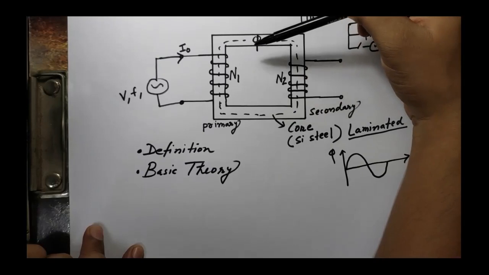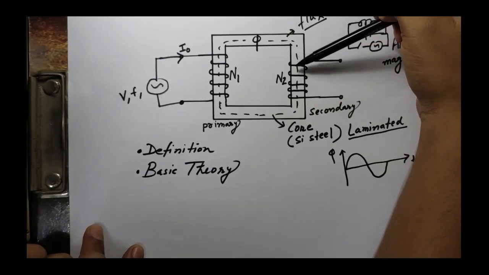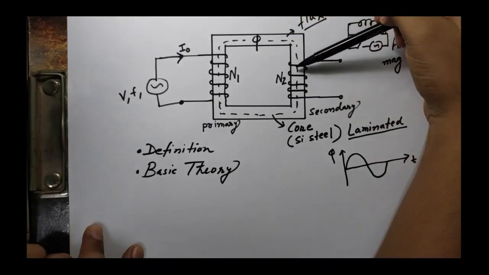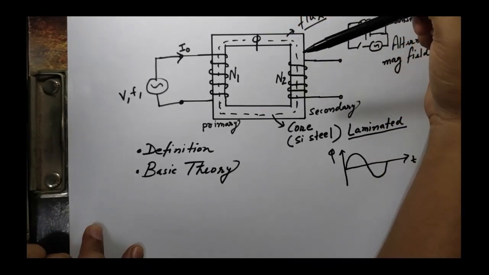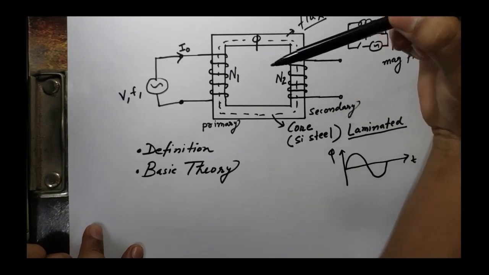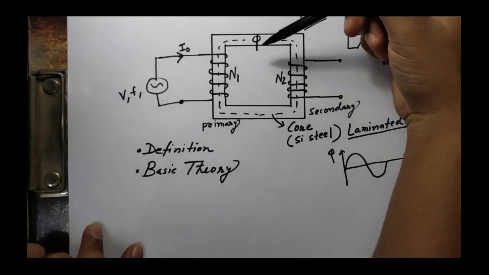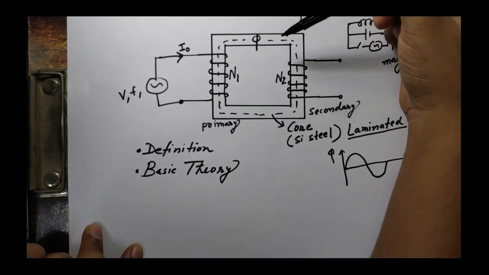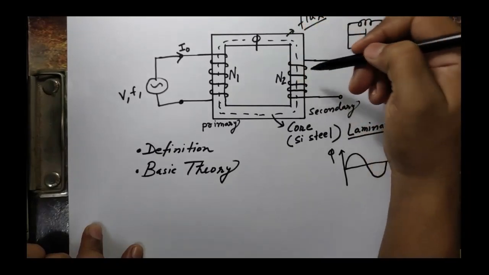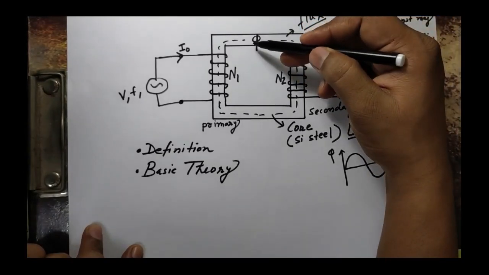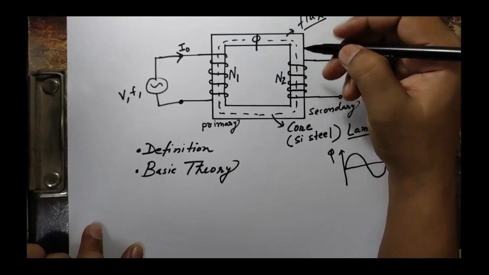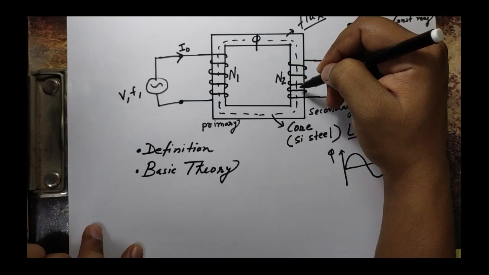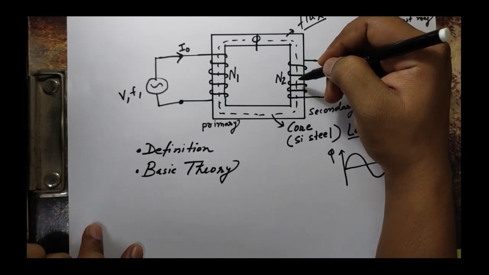Now on the same core there are two windings. One is this one, the primary winding, another is the secondary winding, on the same common core. So what will happen? According to Faraday's law of electromagnetic induction, whenever a changing flux is linked to a conductor or coil, an induced EMF will be produced, right?